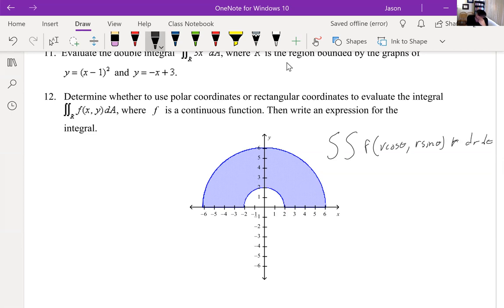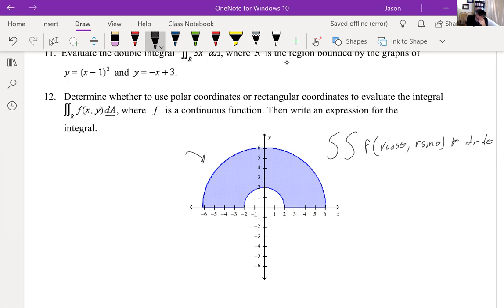Okay, so now really all we want is to evaluate the integral where f is a continuous function, then write the expression. So use polar coordinates to evaluate the integral dA. And what's dA in this case? Well, it's this area here. So we're integrating over this area with respect to polar coordinates.